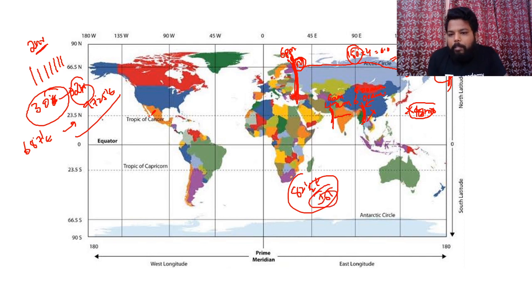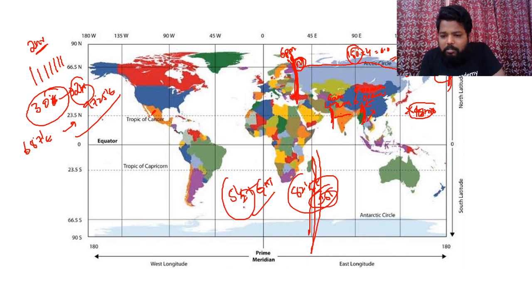So let it be a person in Arunachal Pradesh, Gujarat, Hyderabad, Delhi, Chennai, whatever it may be, everyone has to follow this standard time zone line time. The Indian standard time zone line is 5.5 hours ahead of Greenwich meridian time. Clear? So why is it 5.5 hours?